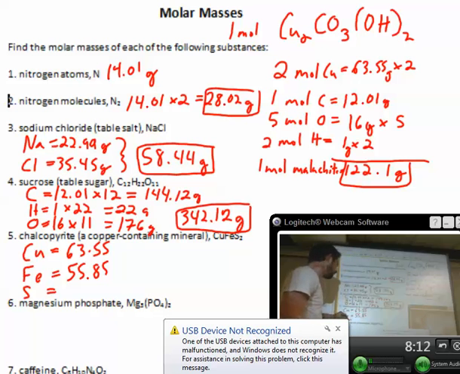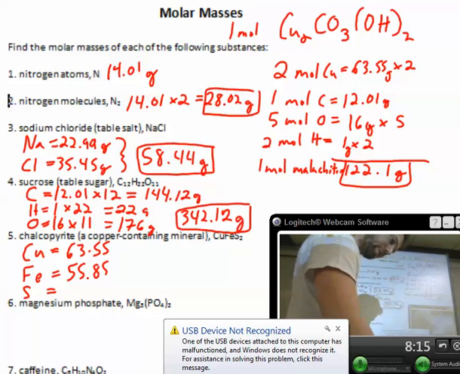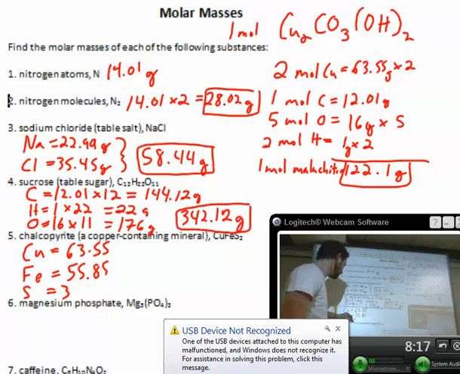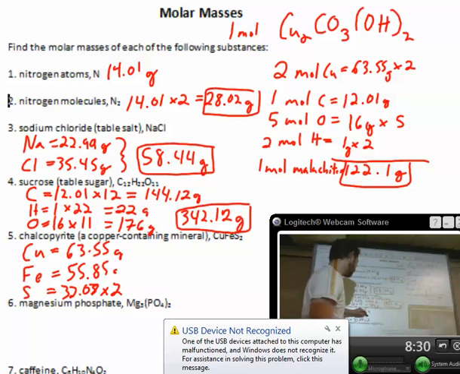And sulfur, we have 2 of them, so be careful. That's 32.07 times 2. We add these up, and we should get our answer.